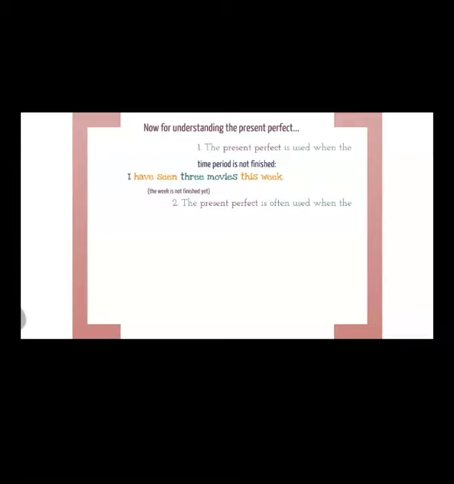Okay, the second one, the present perfect is often used when the time is not mentioned, okay? Utilizamos el presente perfecto cuando a menudo el tiempo no lo mencionamos, ¿sí? Entonces, por ejemplo, Jerry has failed his exam again.